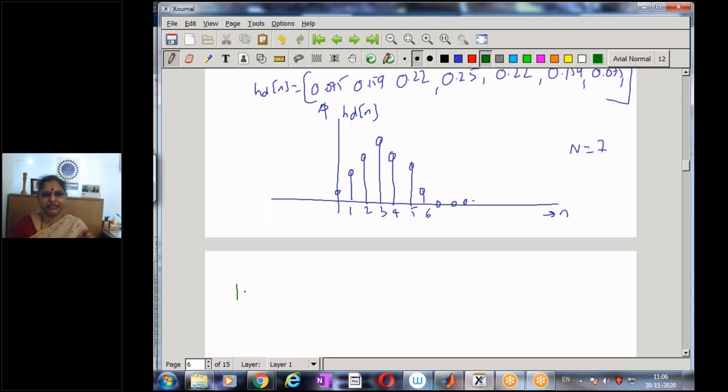I can also represent the same design filter as 0.075. This is the same impulse response that we have.